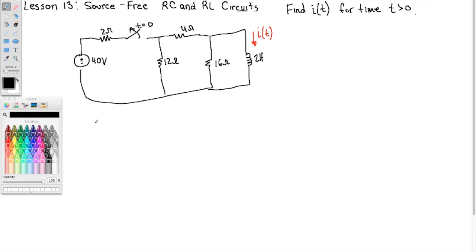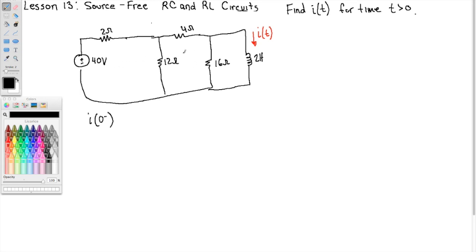Well, before the switch, I'll close the switch up here. This is a DC circuit. It's been sitting around for a while, everything's reached its steady state. So let's calculate the current right before the switch. This is I0 minus.